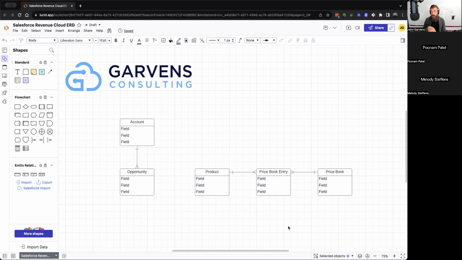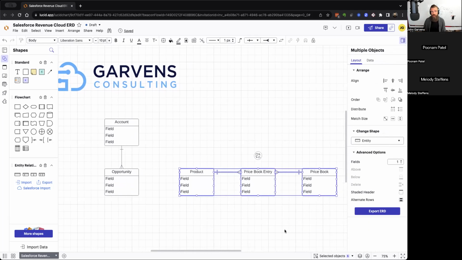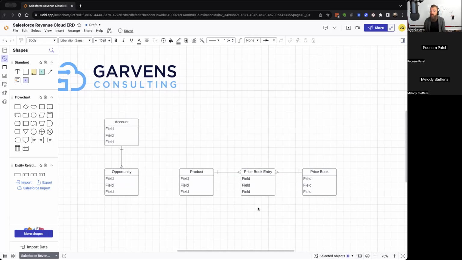Now, let's bring this into CPQ. In order to use CPQ, you must have all three of these objects. Without price book entries, you literally cannot use CPQ. You must have price book entries. Even if your pricing is derived through some other mechanism, you still have to have price book entries for the products that you want to sell. And I can explain the reasons why in a little bit.